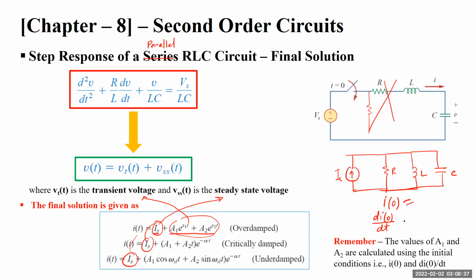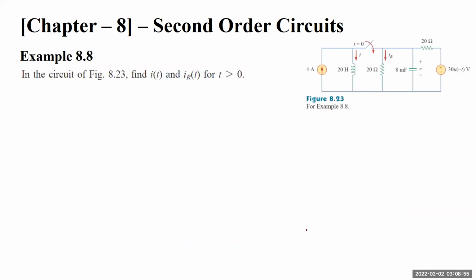So we need these two initial conditions. Once we have them, we put them in this equation, we get two simultaneous equations, and we solve them and find out the values of A1 and A2, just like we did in our last video. So now let's solve an example and see how this is done.